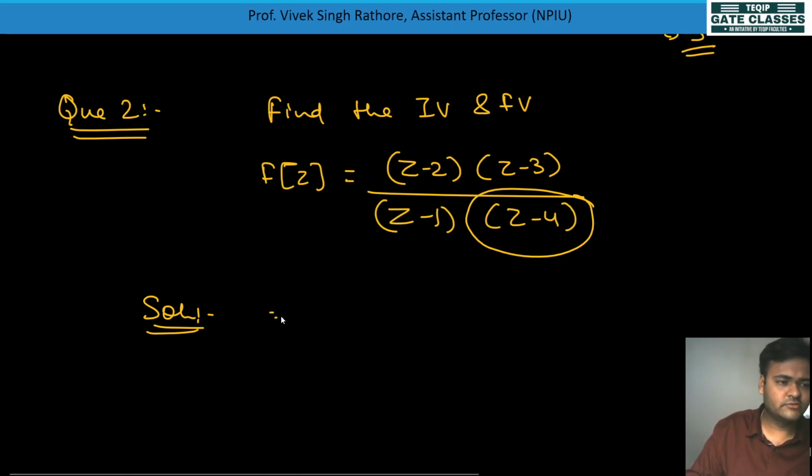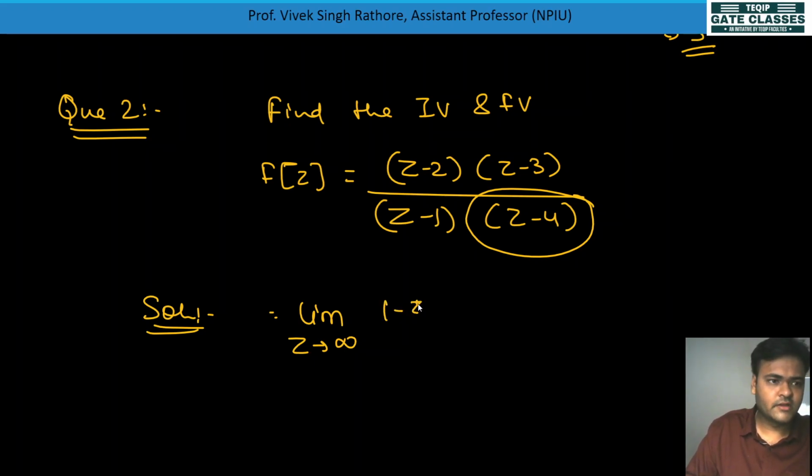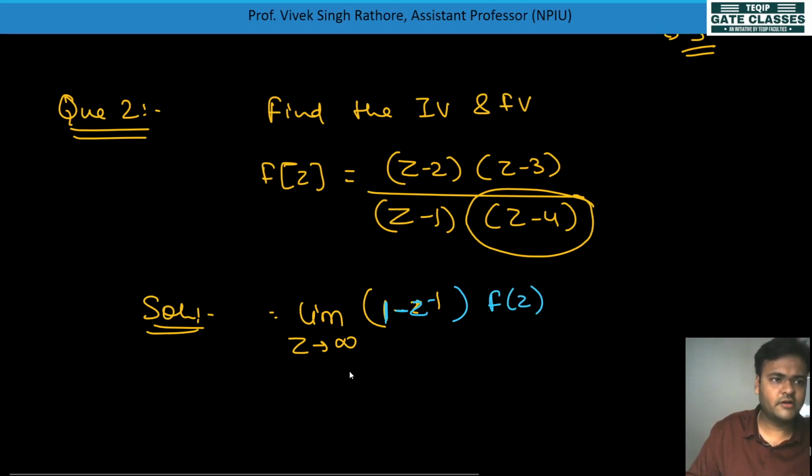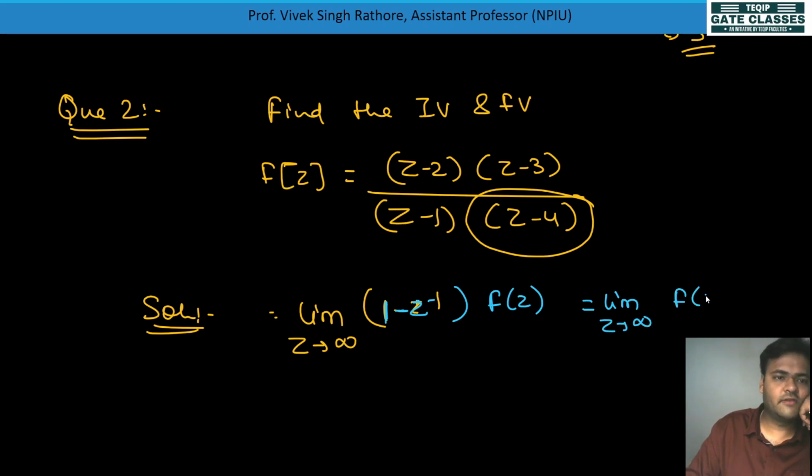We'll see limit z tending to infinity. We'll keep 1 minus z inverse into f of z, and then we can put in the values.